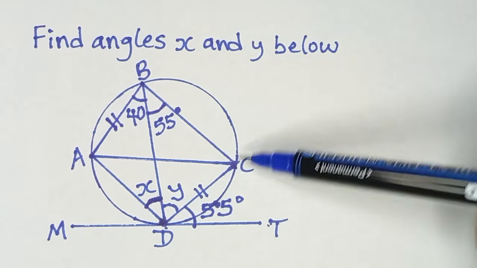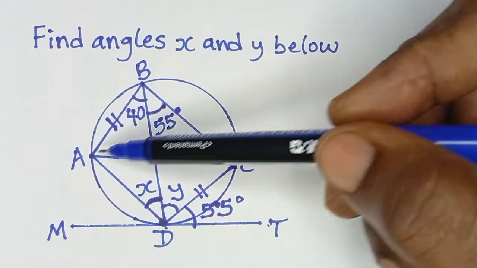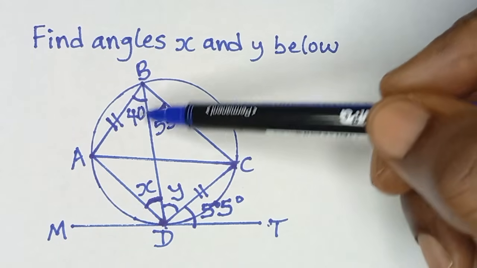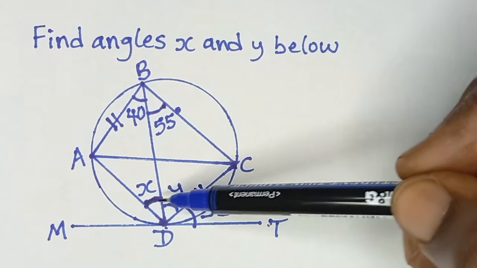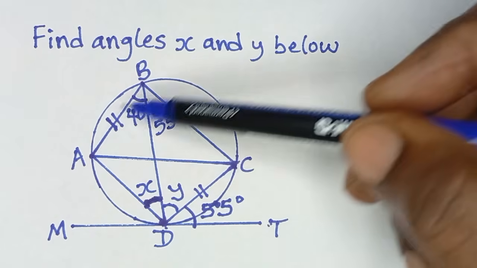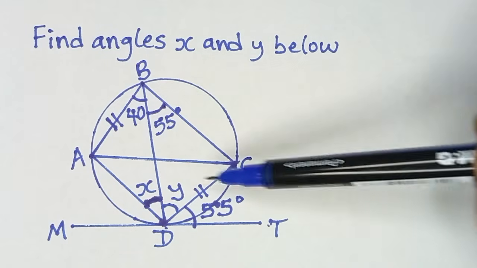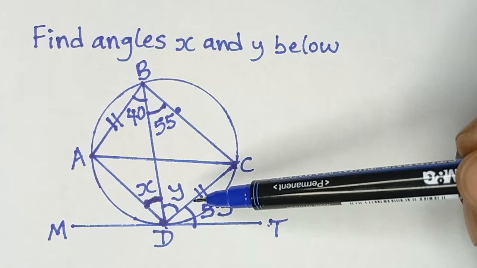This chord AB will also make 55 degrees at this circumference here, where X is angle X. Why? Because the two chords are equal. So equal chords subtend equal angles at the circumference of a circle.